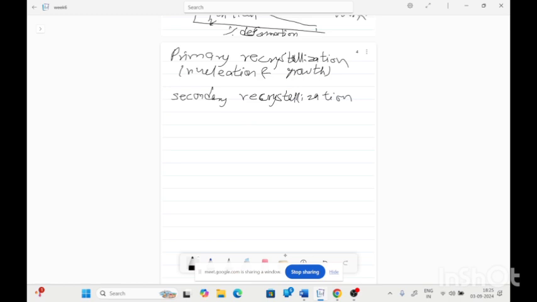In secondary recrystallization, the grains grow more than the required grain size. That can be called abnormal grain growth.